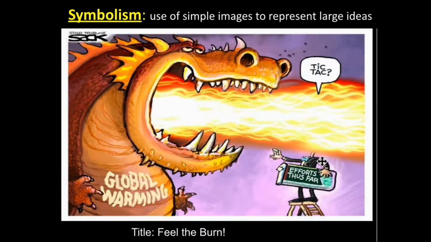And when I look at what this person is trying to give the dragon, I see that it says efforts thus far, and they're trying to give them a Tic Tac. The idea is that they're trying to solve global warming with very little effort and a very small thing, and that it's clearly not working. And instead, they're paying the price, well, that of physical harm. The symbol of a dragon is highly effective because we all know that it's dangerous and could hurt us.